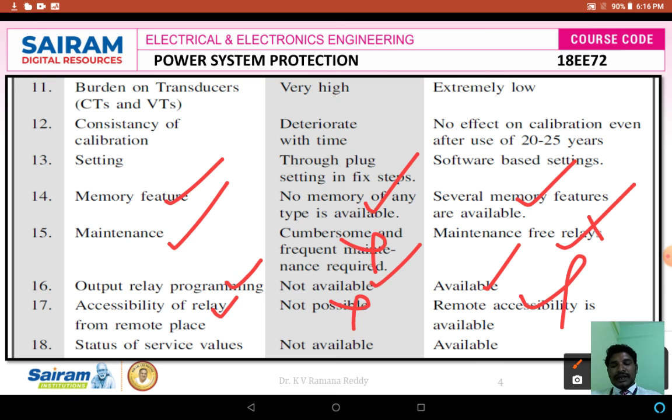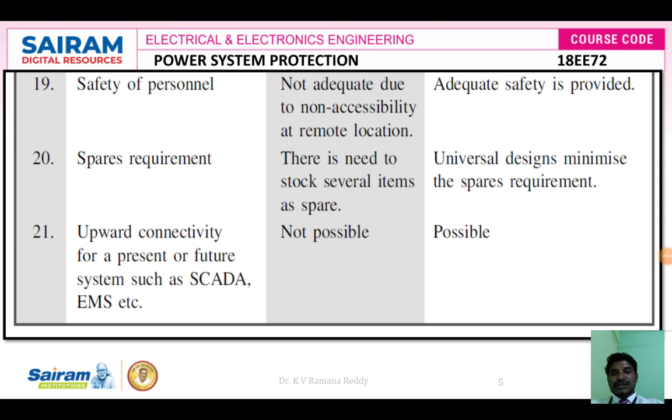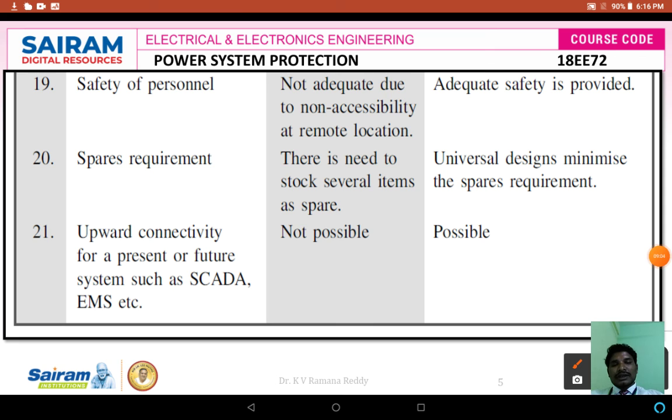The next one is status of service values. How many times we did the service, that entire record is there for numerical relay, but it is not there for electromechanical relay. Next one, safety of personnel. An adequate safety is provided for numerical relay, not adequate for electromechanical relay due to non-accessibility at any remote location.